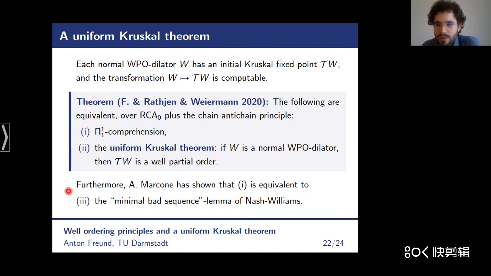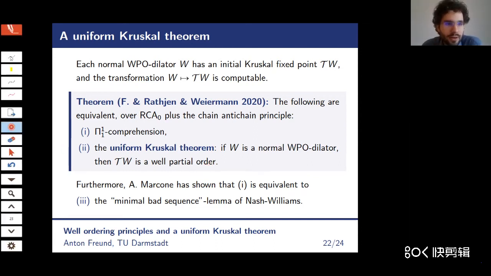And this uniform Kruskal theorem says that if W is such a normal WPO delator, then its Kruskal fixed point T of W is a well partial order. So why do we call that a uniform Kruskal theorem?